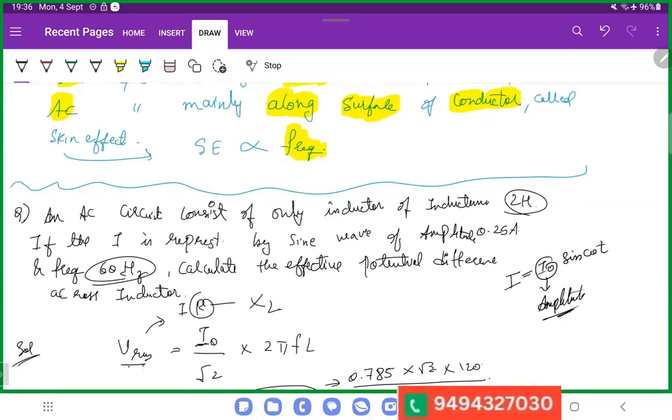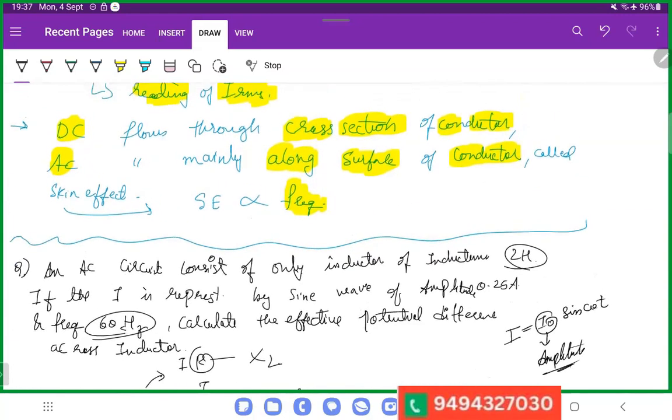So amplitude is this one. Frequency, how to use this frequency here? Remember the relation: omega equals 2 pi f.